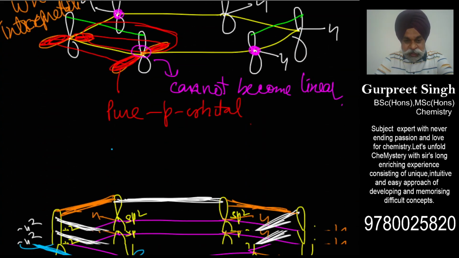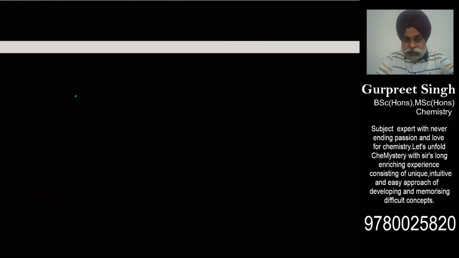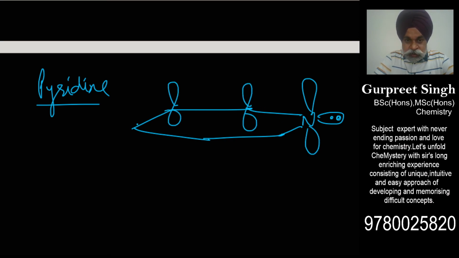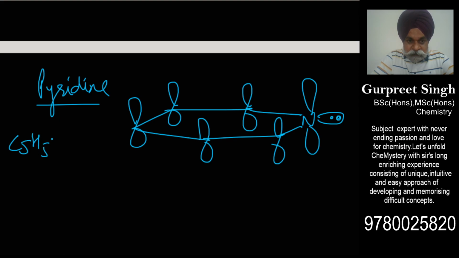And one more thing which I was thinking of placing: just like the case of pyridine, if you mark it like this, in pyridine the lone pair is in a different orbital, which is not involved in the resonance. Although this species is aromatic, this is what you call pyridine, C5H5N. This is an aromatic species.